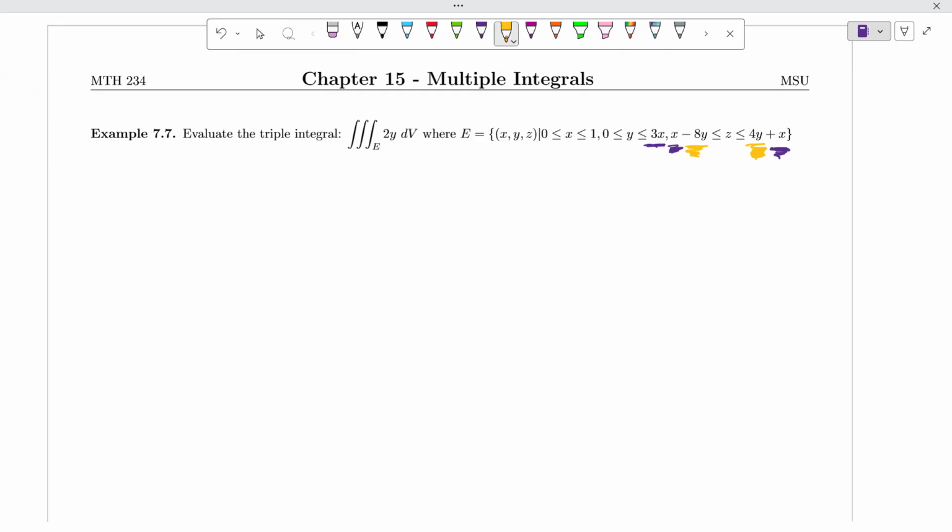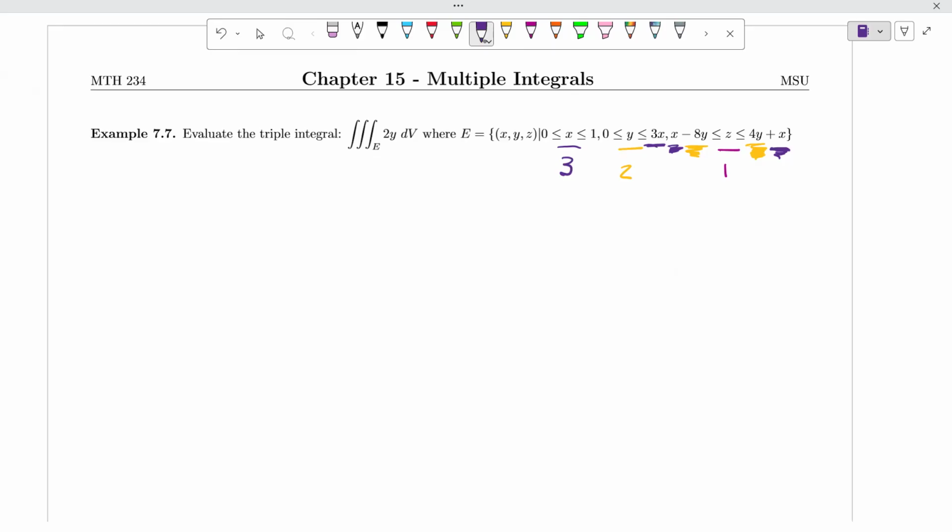Meaning I should come over here and do z first, y second, and then x third, just based on the bounds that I have for those variables.